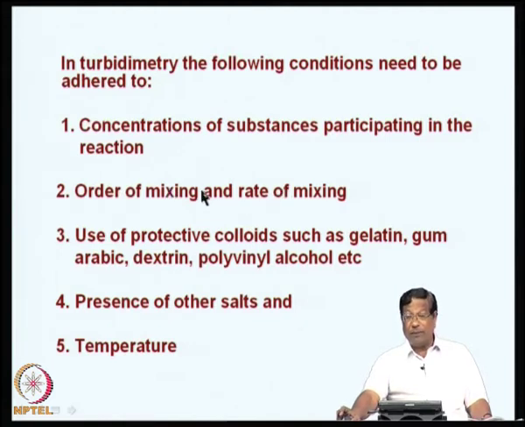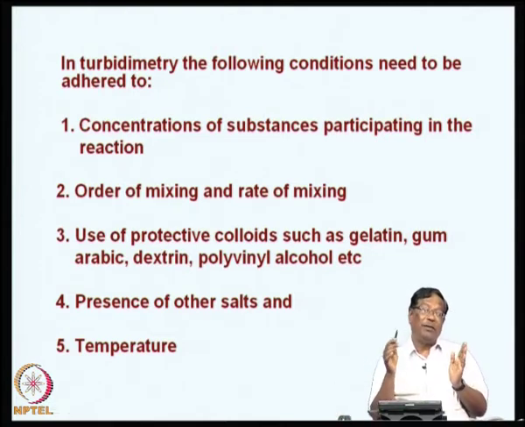You cannot change this. If you change the order and rate of mixing, the absorbance is going to change in turbidimetry. Another one is, suppose the substance is there and you get a precipitation reaction.